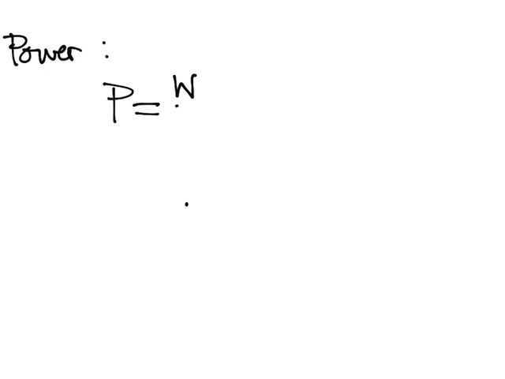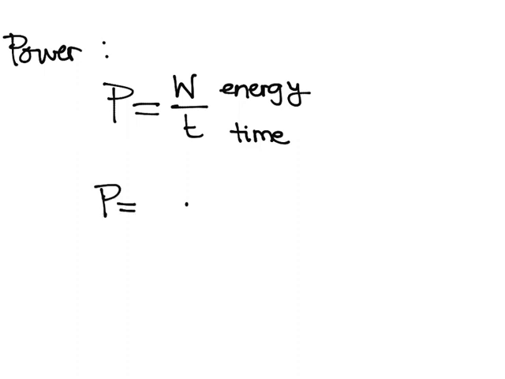Now, in terms of power, we know that in general, power is equal to the energy used, or work, divided by time. So let's say energy over time, and we want to somehow relate that to current, voltage, and resistance. So we know that in general, our voltage is really energy per charge.